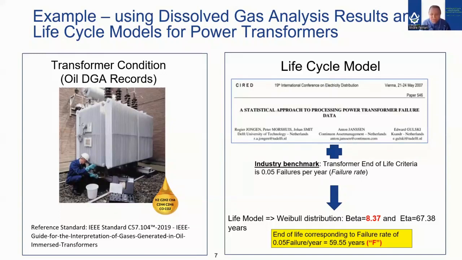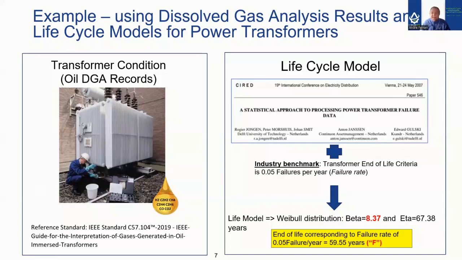In my case, transformers don't fail frequently, which is a good thing for the operation, but a not so good thing for me, the reliability engineer, because I lack maintenance records to do my analysis. So to obtain the end-of-life threshold for transformers, I turn to literature research papers, as shown on the right-hand side of this slide.